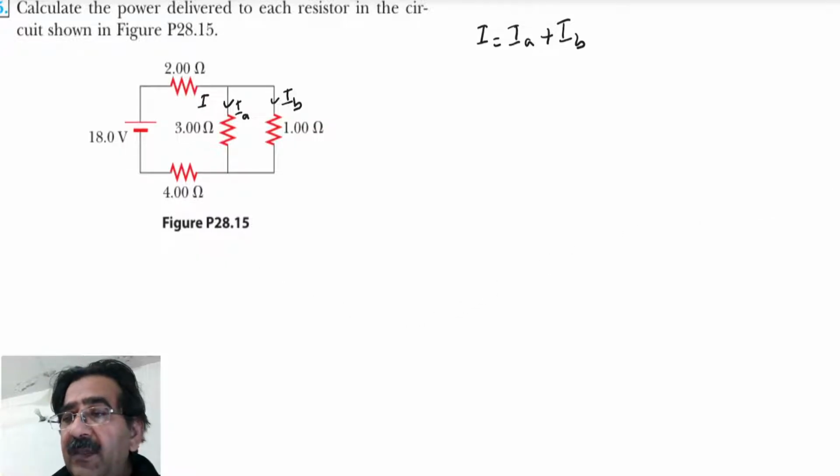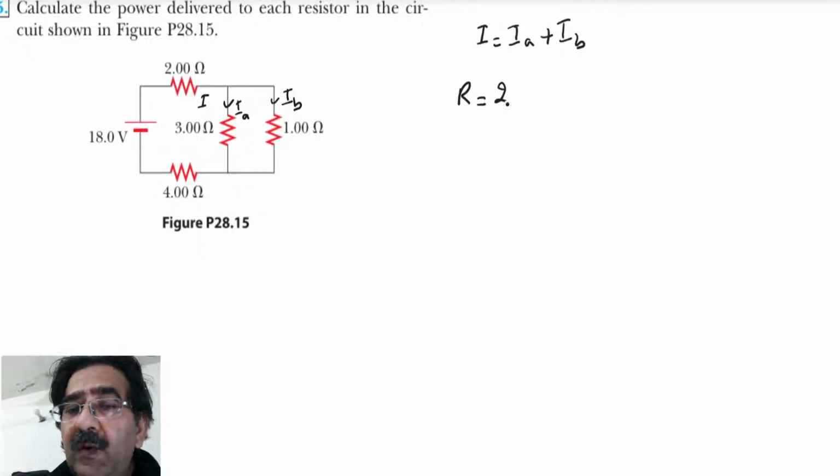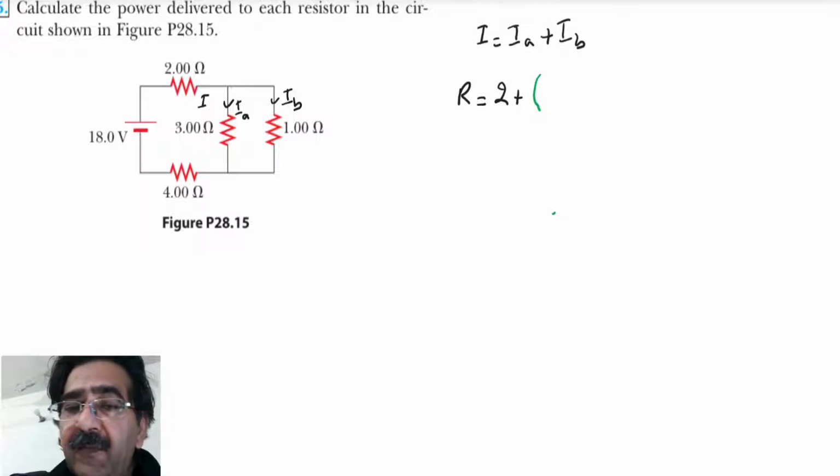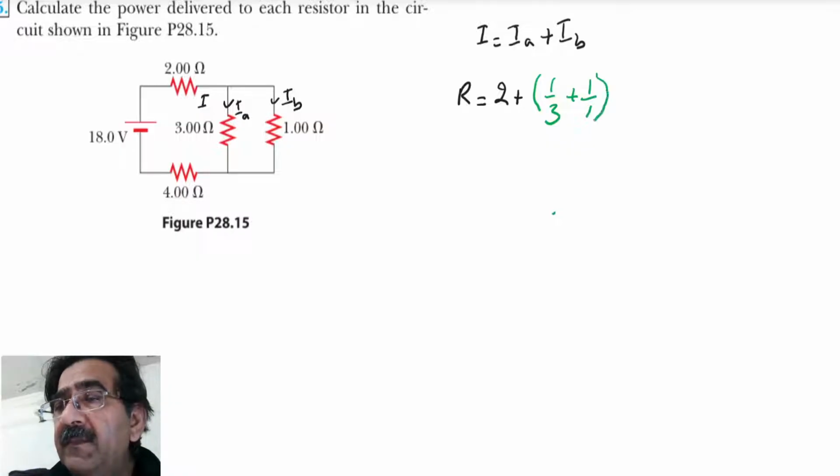As I have already explained many times in different problems, the total resistance will be equal to 2 plus the parallel part, which will be written in the form of 1 by 3 plus 1 divided by 1, all to the power minus 1.